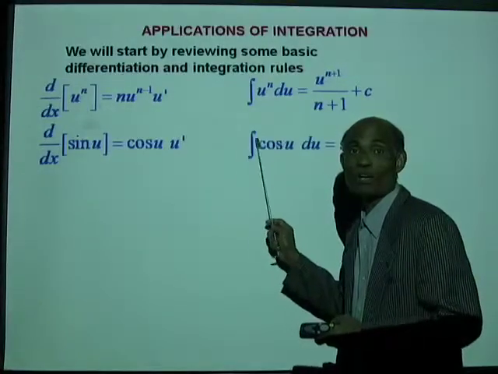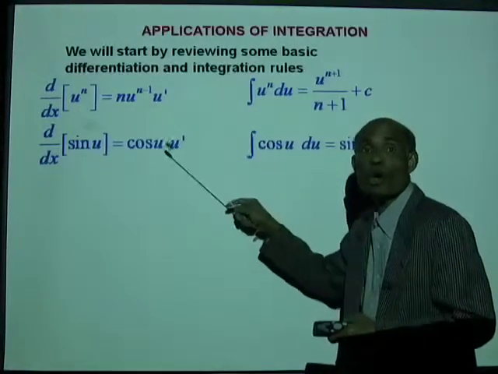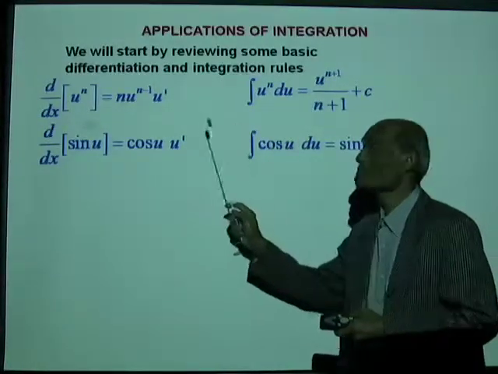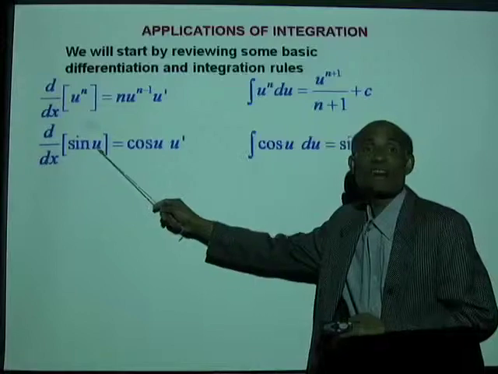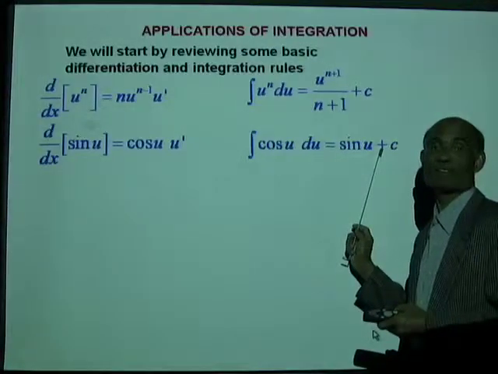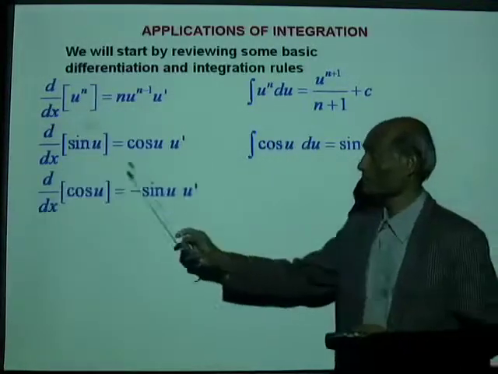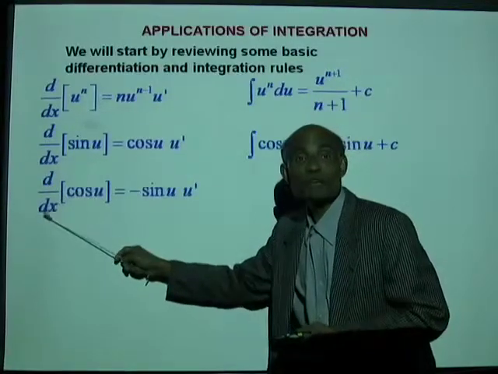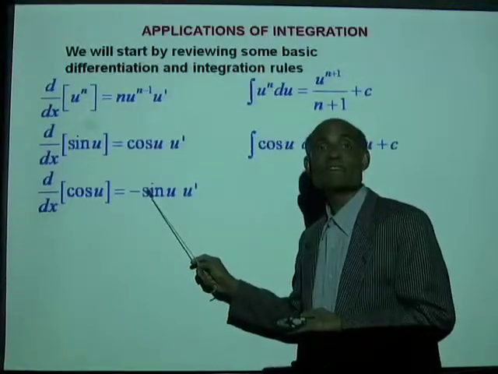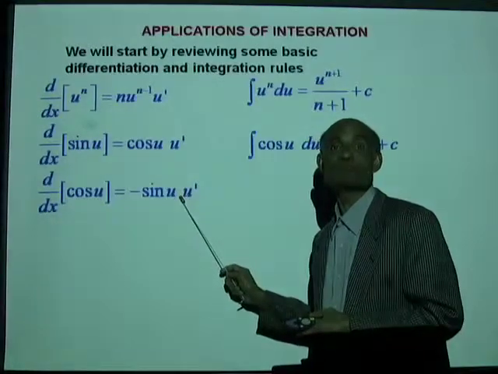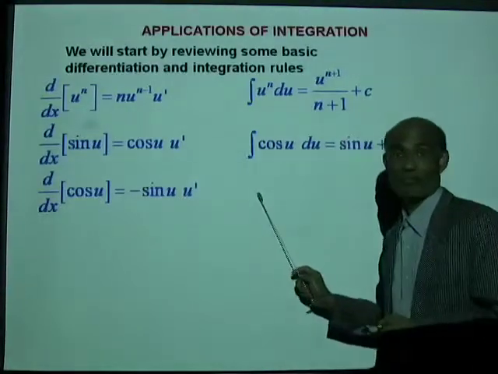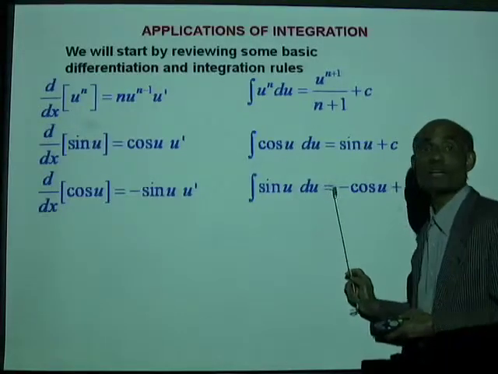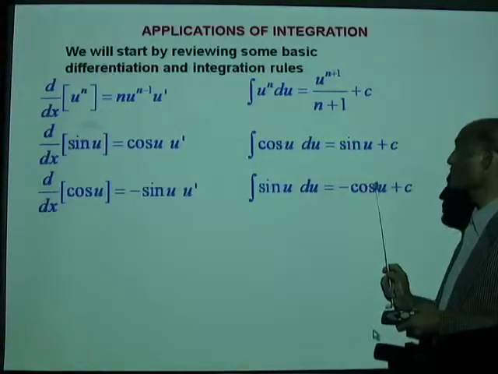And therefore, what is the integral of cos u du? The integral of cos u du will be sine u plus c. The derivative of cos u with respect to x is negative sine u times u prime, and therefore the integral of sine u du is negative cos u plus c.